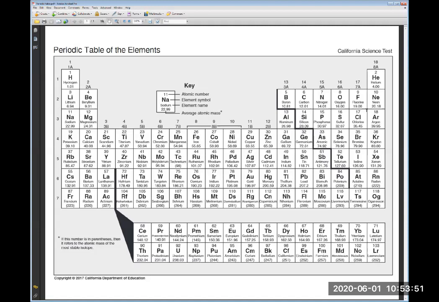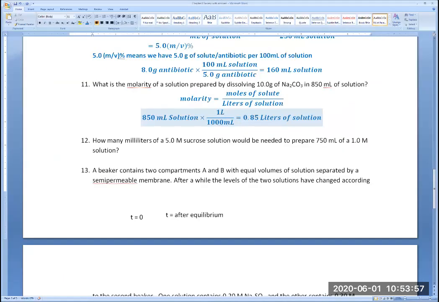So let's go back here. So Na2CO3 molar mass is 105.99 grams per mole, right?